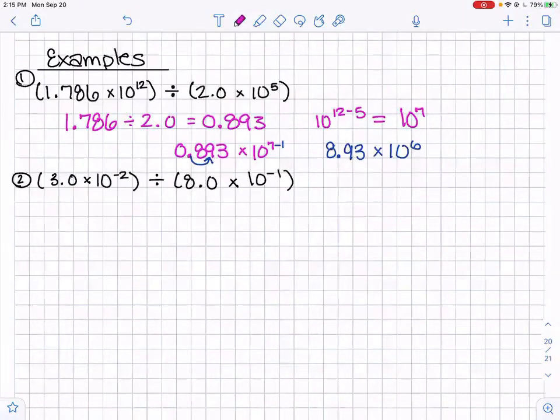What do I need to do to solve number 2? You divide the decimals. 3.0 divided by 8. Okay, what do I need to do next? You subtract the exponent. 10 to the negative 2 minus negative 1 would be what?